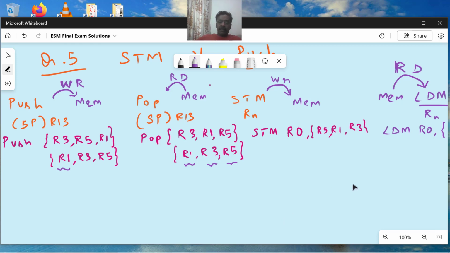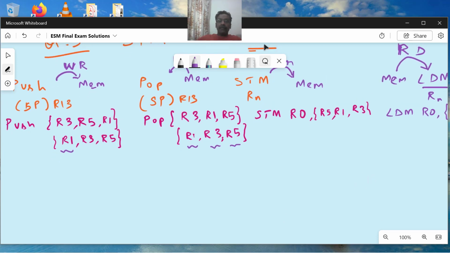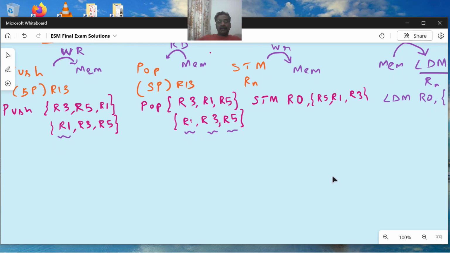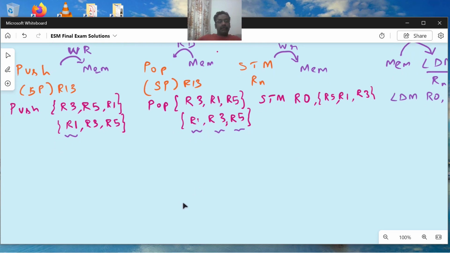The only difference between these is how they operate and how they increment or decrement the addresses in each of those instructions. So push can be of many types. I have already explained about push or a stack operation. Either it can point at an empty location or a full location.